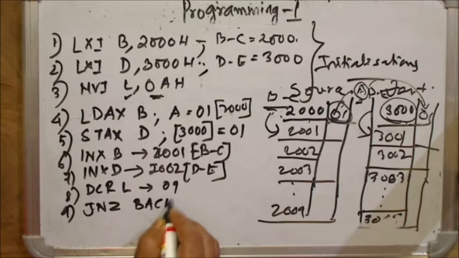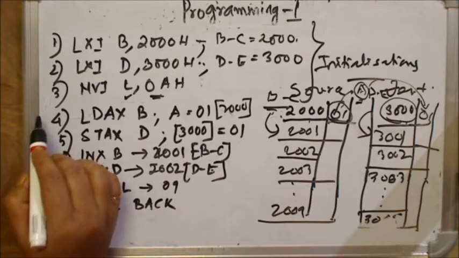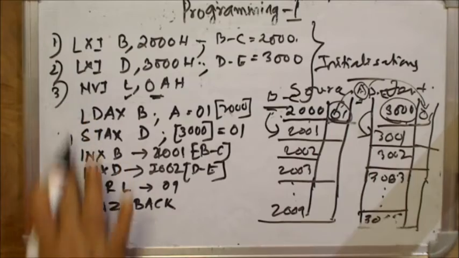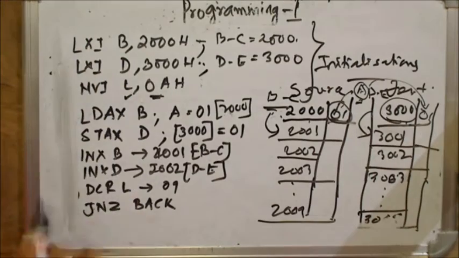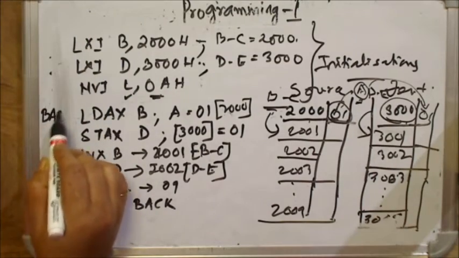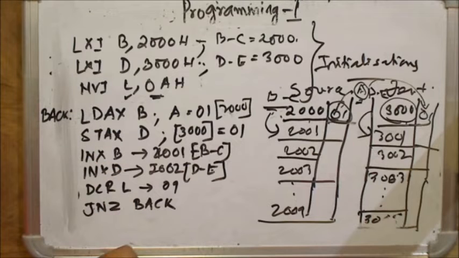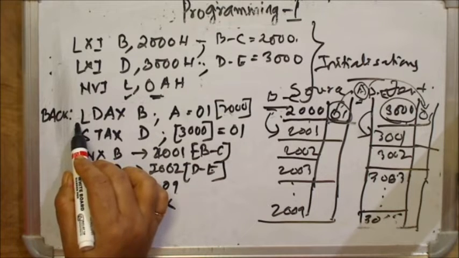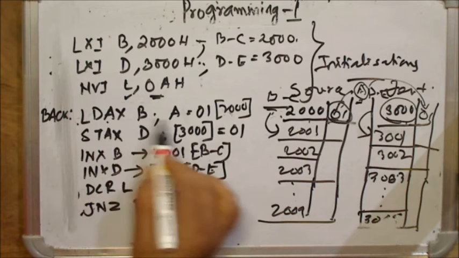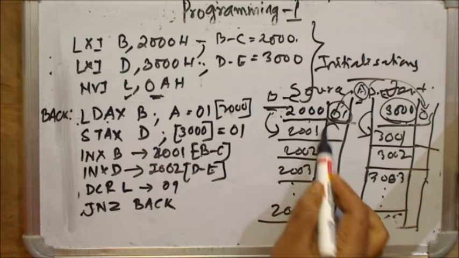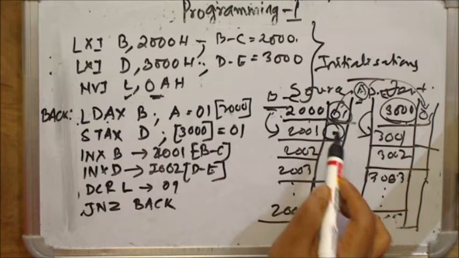JNZ BACK. So BACK is a label. While I put the label here, BACK here. Okay. So L has not become 0, so this condition will become true and it will jump here. LDAX B. Now A will be loaded with the memory location pointed by 2001.